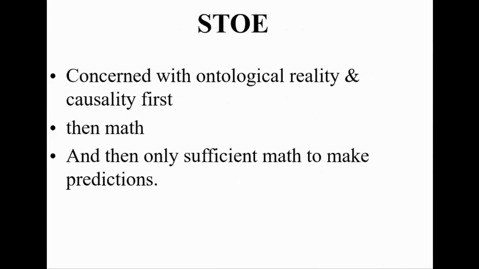The STOE is concerned with ontological reality and causality first, then math to describe reality and causality, and then only sufficient math to make predictions.